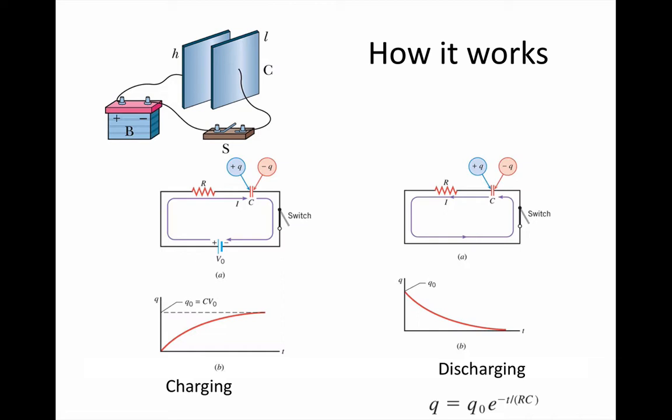If we disconnect the capacitor from the power supply now, it still has charged plates, so that means it has stored energy. If we simply connect a wire from the positive plate to the negative plate, as is shown in the right-hand circuit, current will now run through the wire until the capacitor is completely discharged.